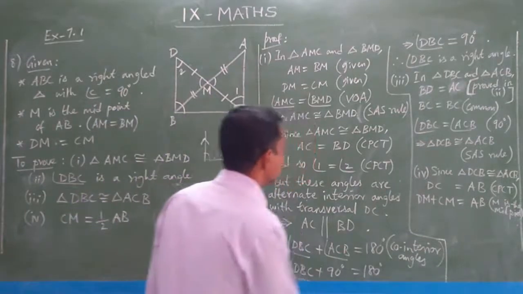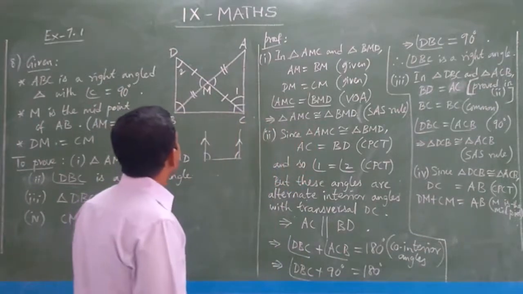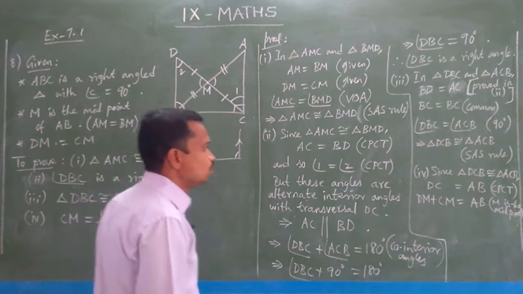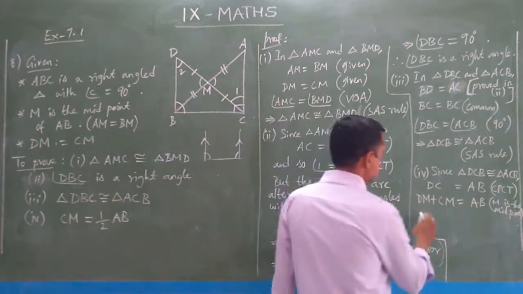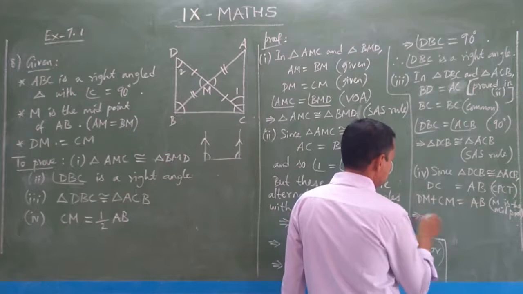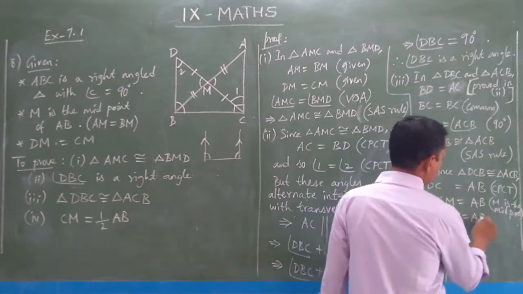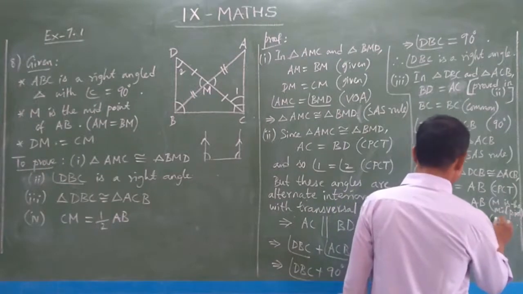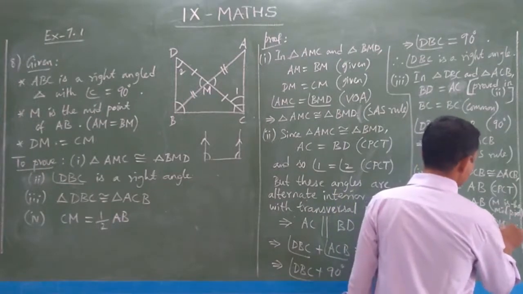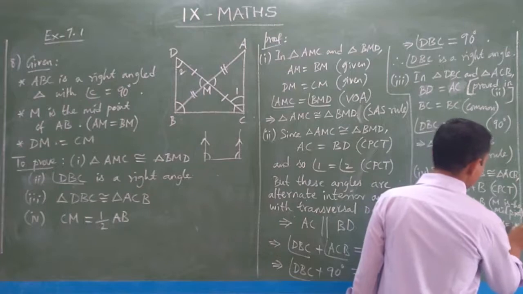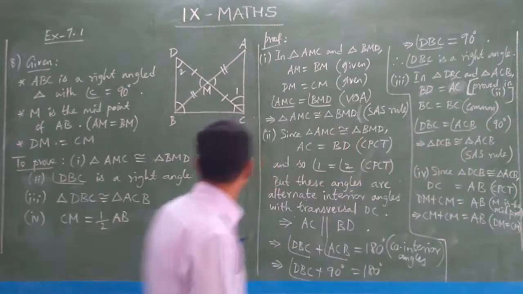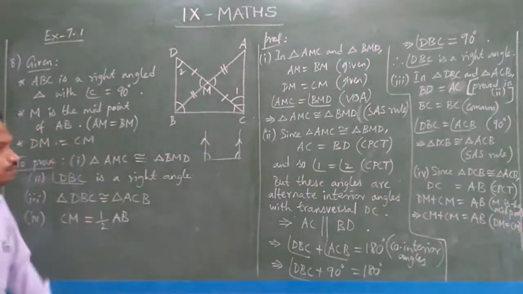And now DM and MC are equal, so instead of DM we can write CM. CM plus CM equals AB, because DM is equal to CM, it is given.